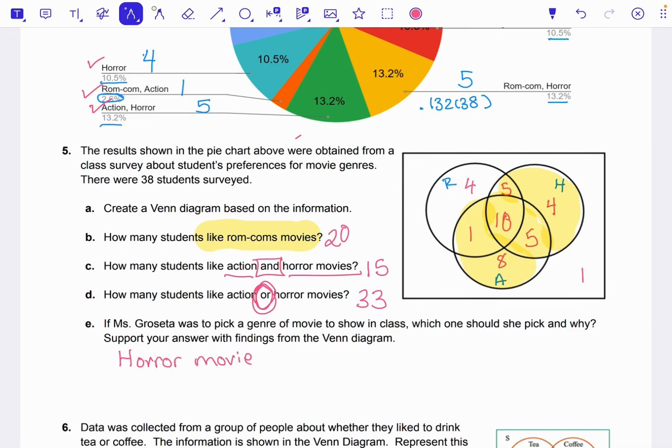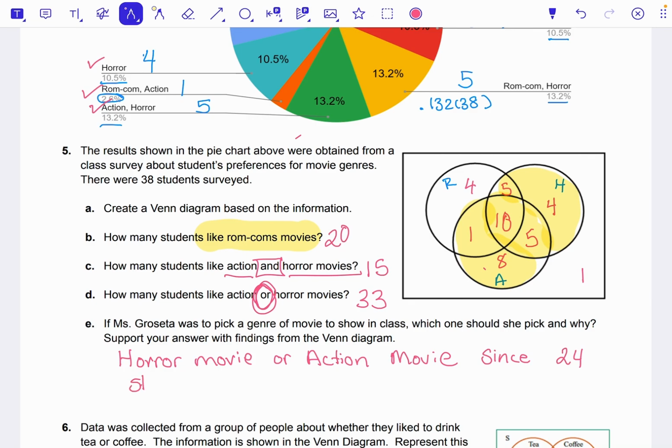I would say that because if I look at my circles, within the horror movie circle, I have 24. I guess I also have 24 in the action circle too. So I would say horror movie or action movie. Both of those options had 24 people pick it, while only 20 people picked romantic comedy.